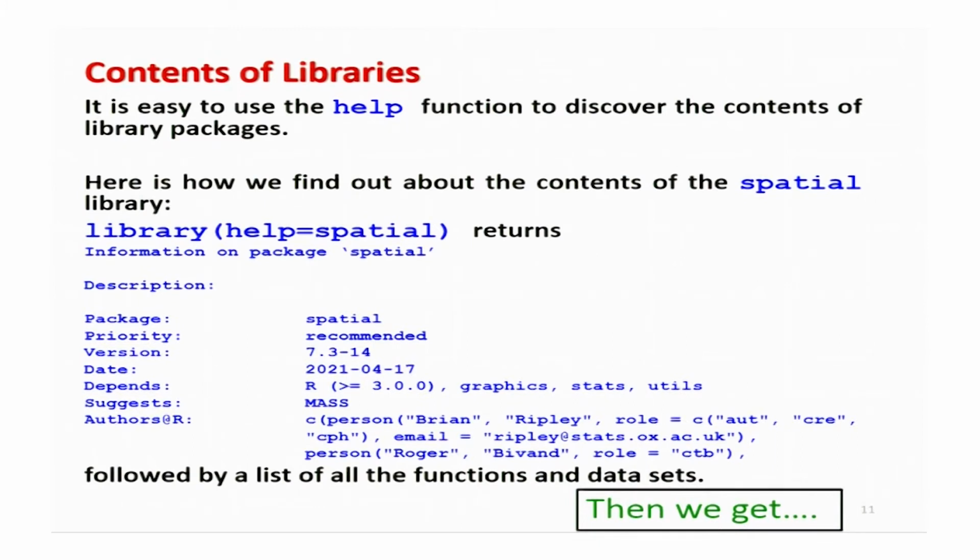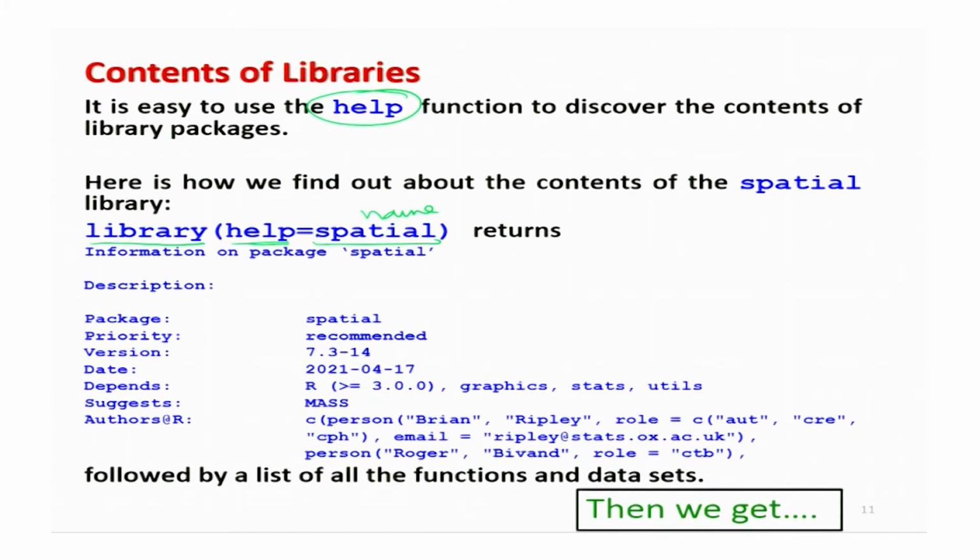Now, after that you can also seek some help from the library function. For example, if I want to seek help for the spatial package, I use the function help with the library function in the following way. I will write library, then within the parenthesis I write help equal to, and then give the name of the library for which we want to know the details.